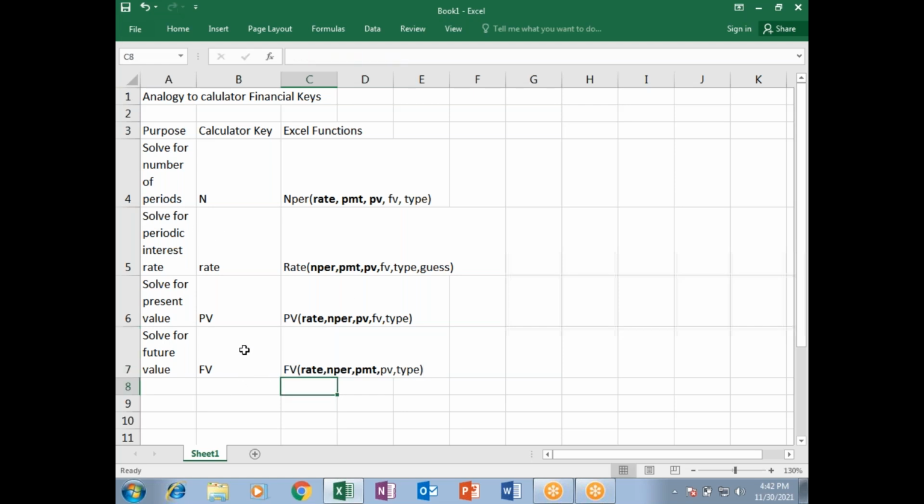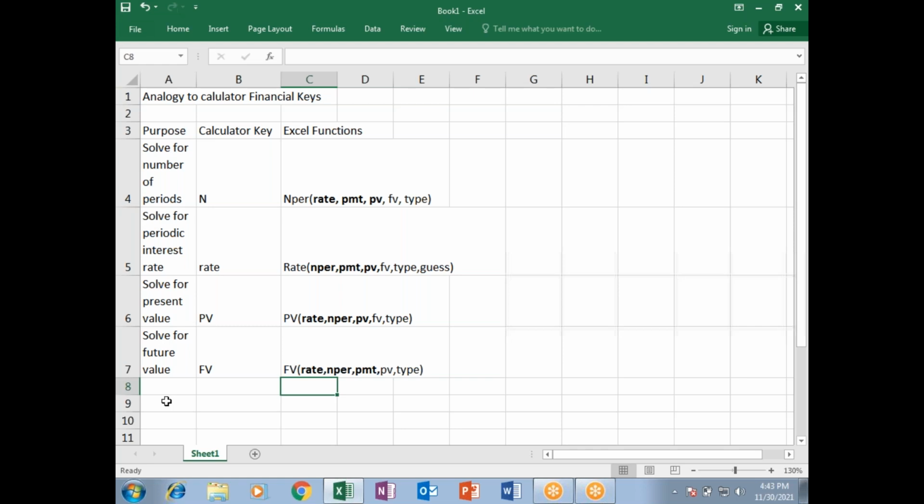So now these are all the variables that I can use for the TVM problems in financial modeling. The first example is to find out the future value of a sum of amount.